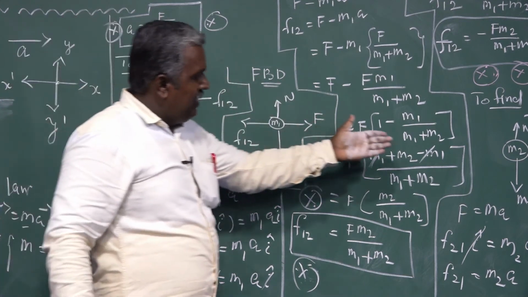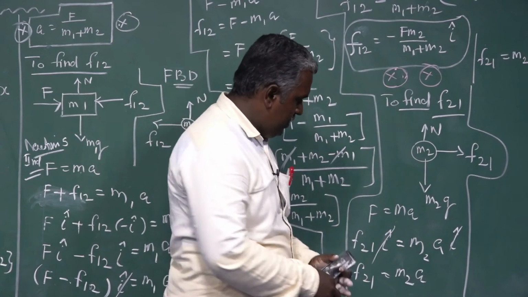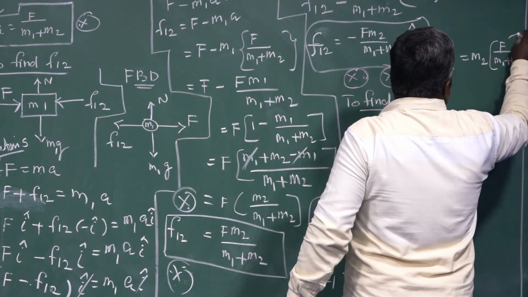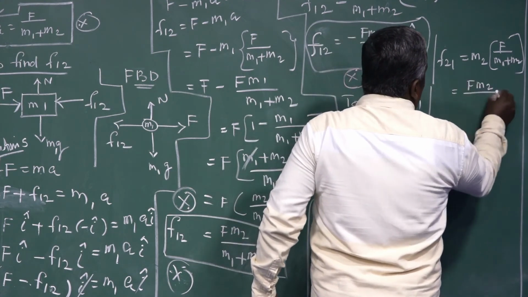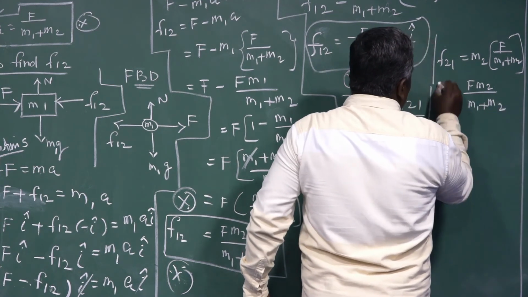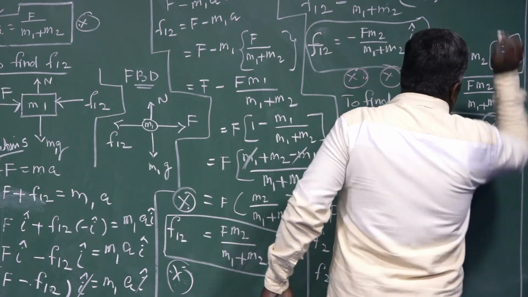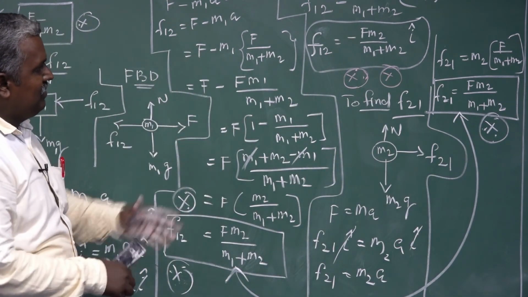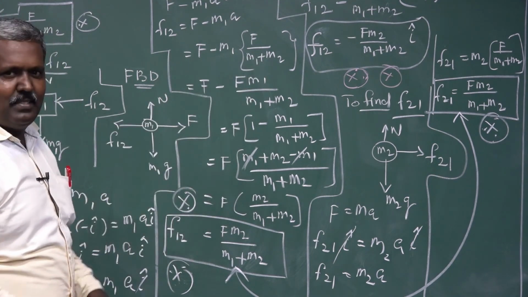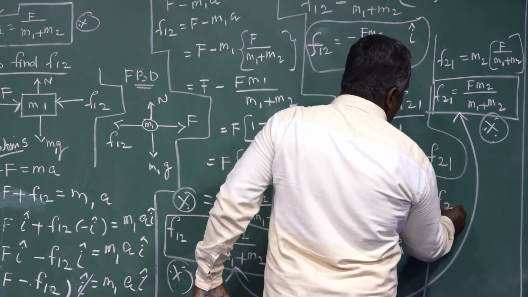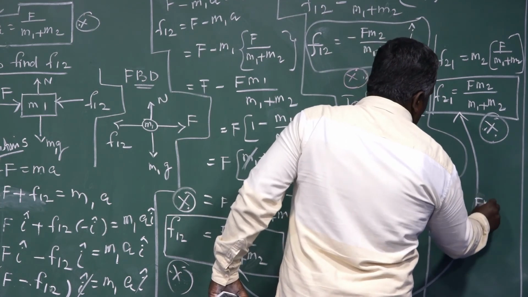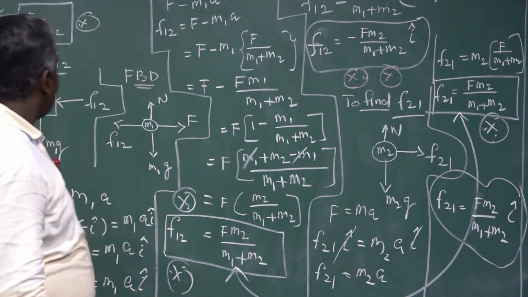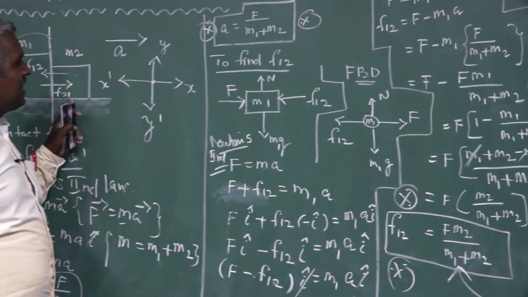Substituting, F21 is equal to F M2 by m1 plus m2. Compare these two equations; it is the same value. In vector notation, F21 is equal to F m2 by m1 plus m2, along the positive x-axis.